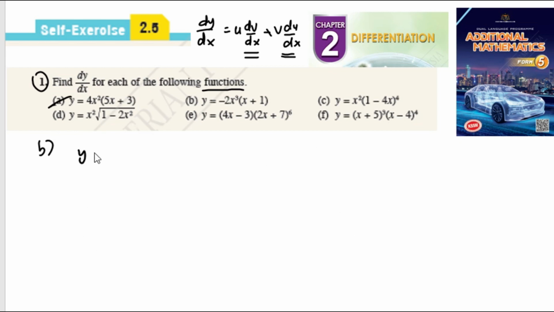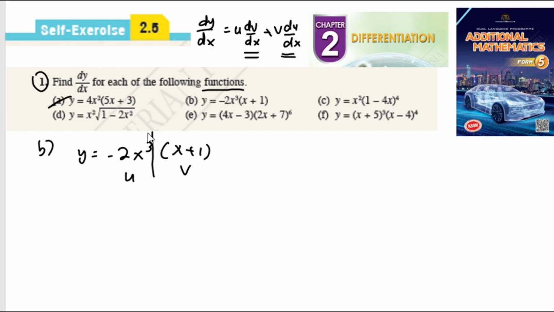Next, y is equal to negative 2x cubed times (x plus 1). Here you see this is an expression with x cubed and with x. You don't have to draw the line here, I just want to show you how we can see it. This one is u and this one is v.